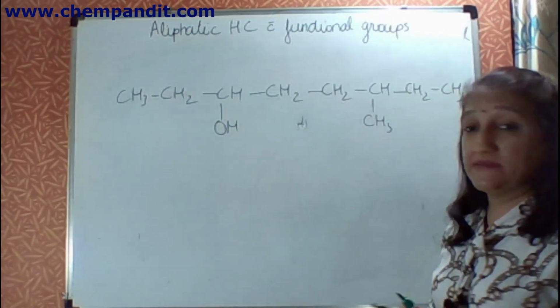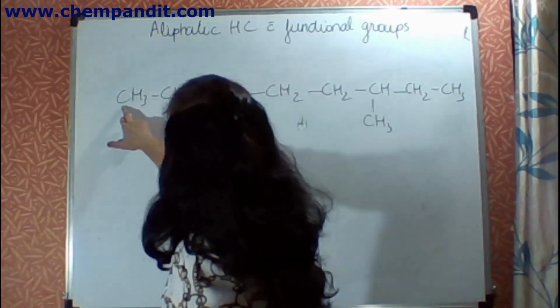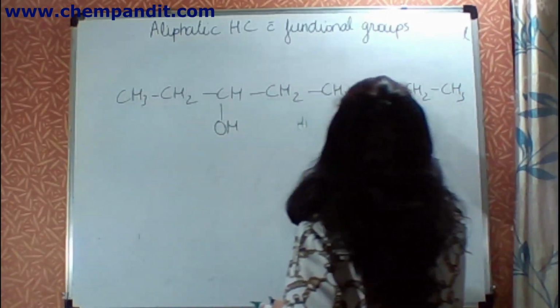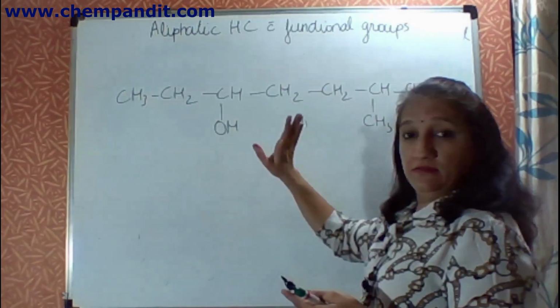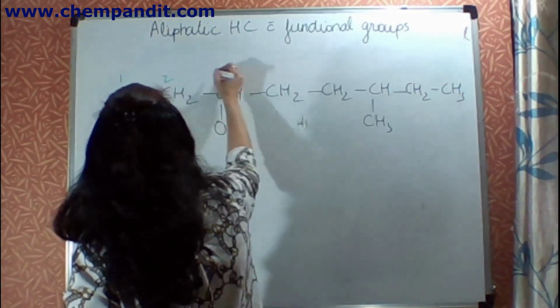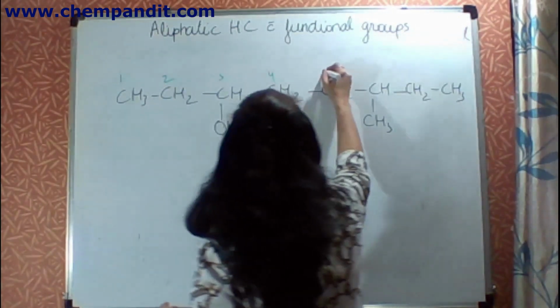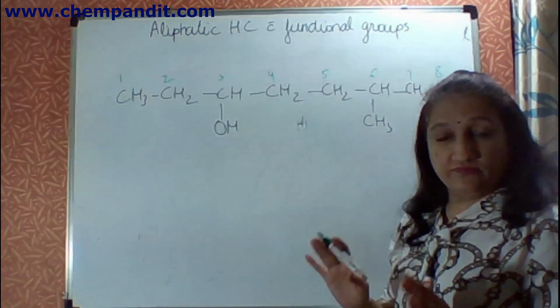The first step is to identify the longest carbon chain. So this carbon chain is of 1, 2, 3, 4, 5, 6, 7, 8. This is our longest carbon chain. Now let's number it from left to right. 1, 2, 3, 4, 5, 6, 7, 8.